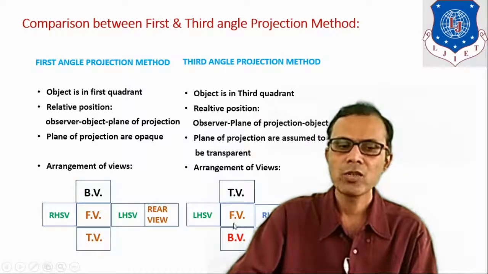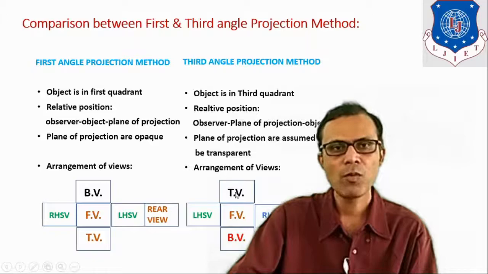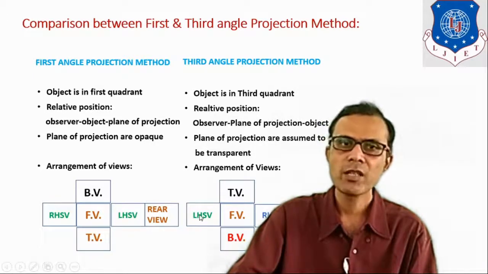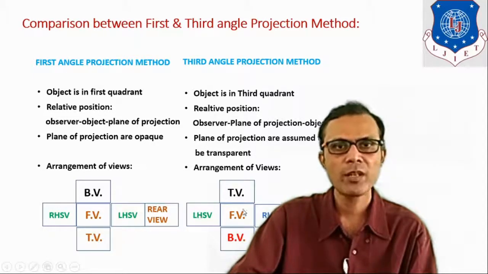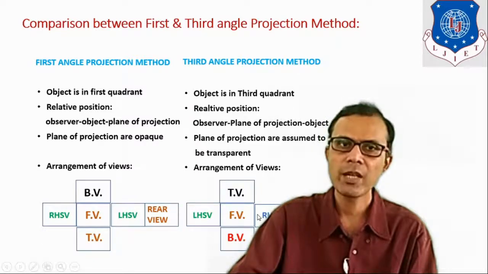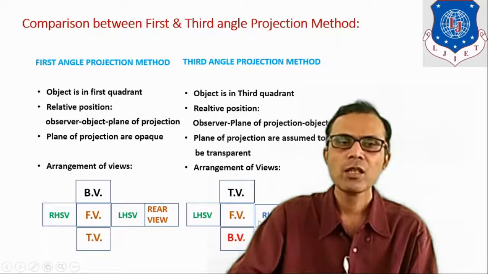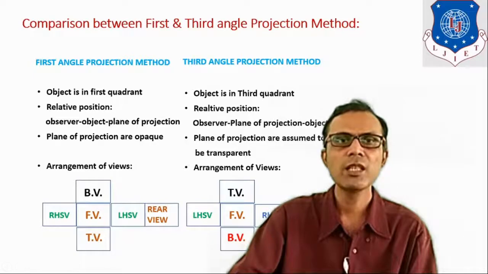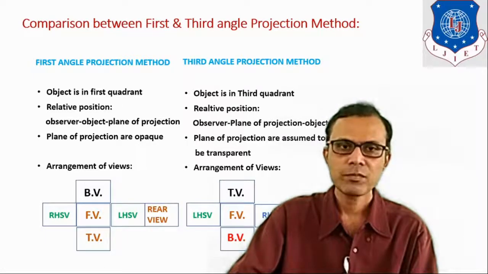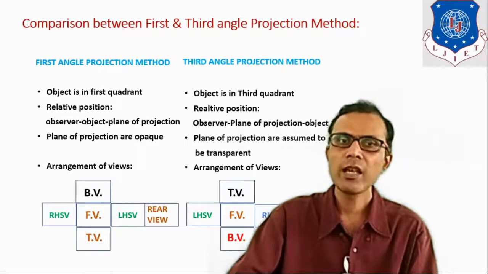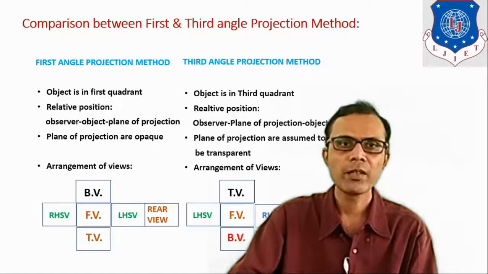Whereas in case of third angle projection method, with reference to front view, top view is placed above front view, left hand side view is placed towards left side of the front view, and right hand side view is placed towards right side of the front view. So these are the main differences between first angle and third angle projection method.